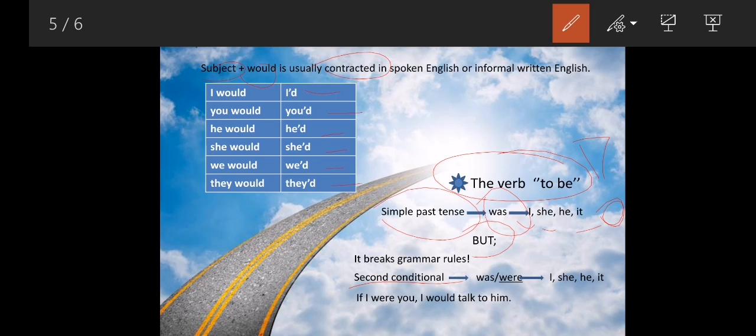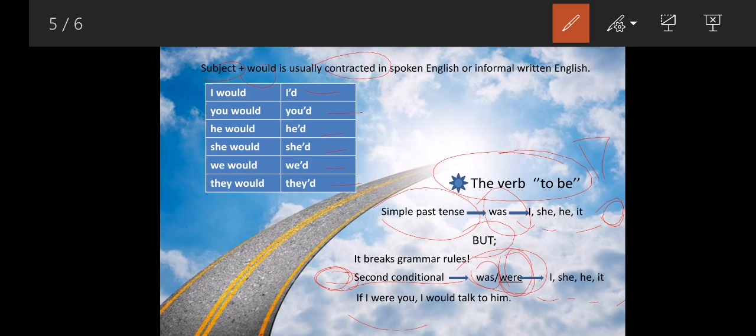But in second conditional, we use was and were with the pronouns I, she, he, and it. Okay? We use both of them. Both of them are grammatically correct, but actually, in second conditional, we prefer were instead of was with those pronouns, okay? For example, if I were you, I would talk to him.